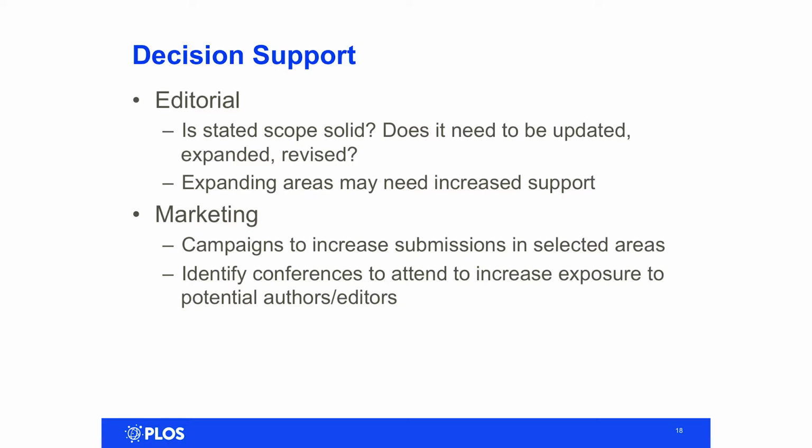Those were some of the questions that we asked. What do we know about our scope? What are the expanding areas? So, for example, at some point a couple of years ago, we experienced something interesting in relation to the area of paleontology.